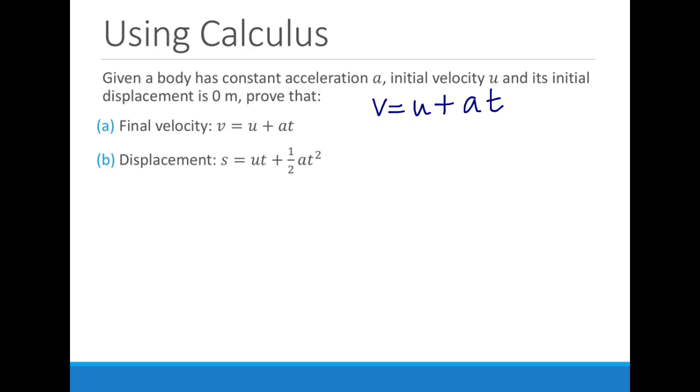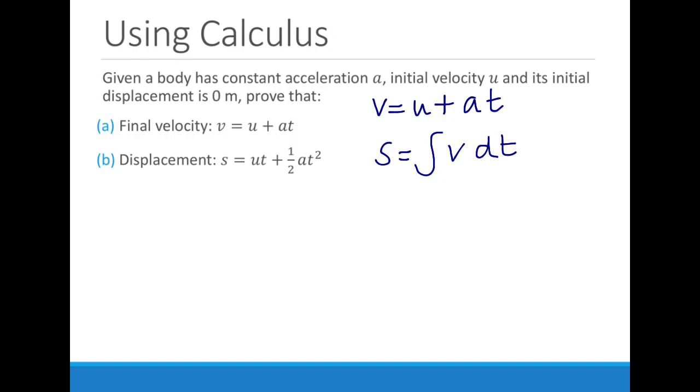So again, we've got to think back to that previous lesson, that lesson 11.4, and we know that displacement is equal to the integral of v, velocity, with respect to time. Well, from part A, I found v equals u plus at.